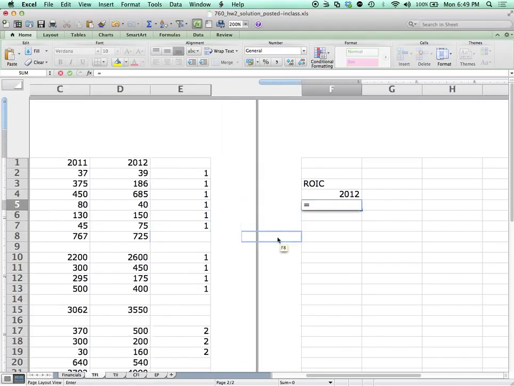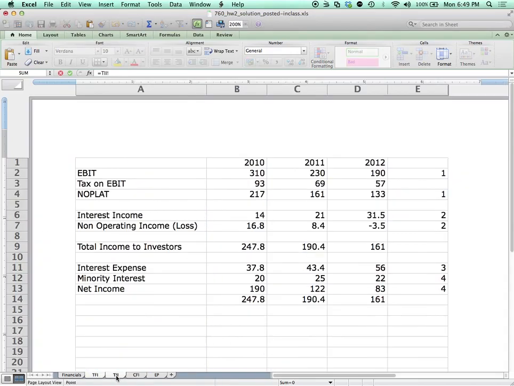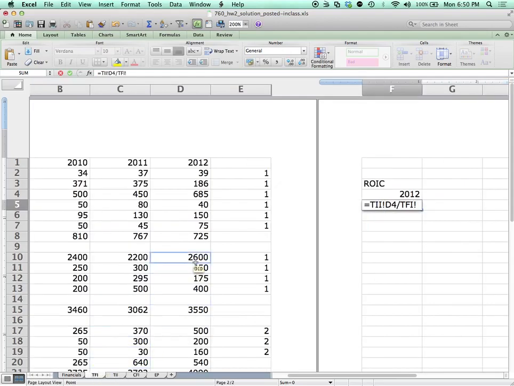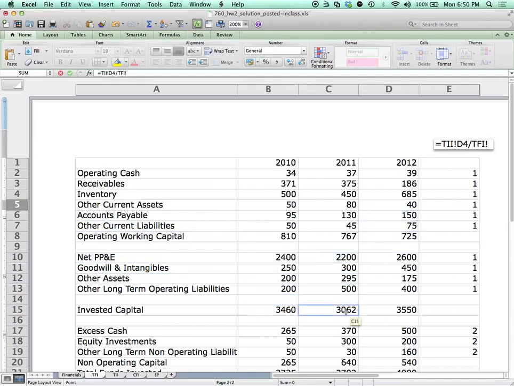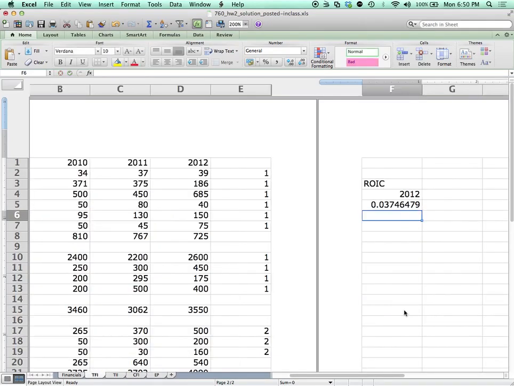Return on invested capital equals my NOPLAT off of my TII for 2012 divided by, from the TFI, my invested capital. Just to keep it simple, I'm going to divide it by my 2012 invested capital. So if I did an end of year ROIC, it would be 3.7%. This is what we'll call operating ROIC.